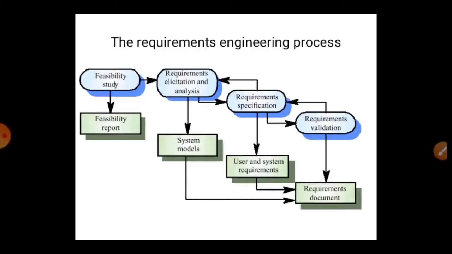For example, feasibility study comes out with a feasibility report. Requirements elicitation and analysis comes out with system models, which will be useful. The requirement specification part comes out with the user and system requirements, and the requirements validation part, along with the system models and user and system requirements, comes out with a requirements document.